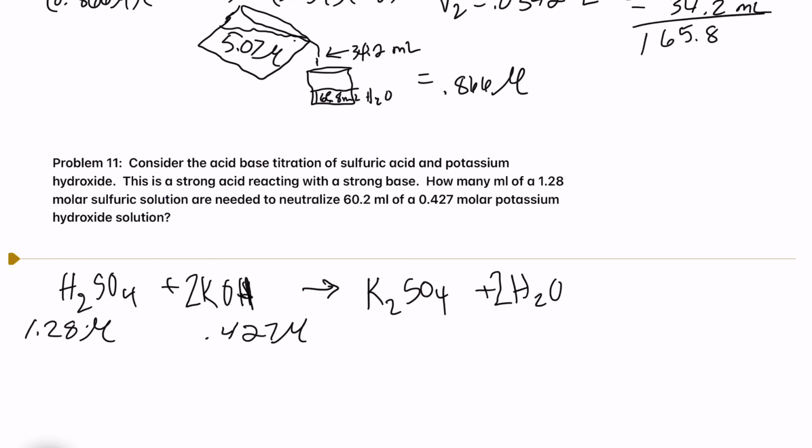So writing in our balanced equation, we look at the hydrogens here. We have 2, 3, 4 as reactants. Now we have 4 as products. We have 6 oxygens as reactants. We have 6 oxygens as products. 1 sulfur, 1 sulfur. So we look good here as our balanced equation.